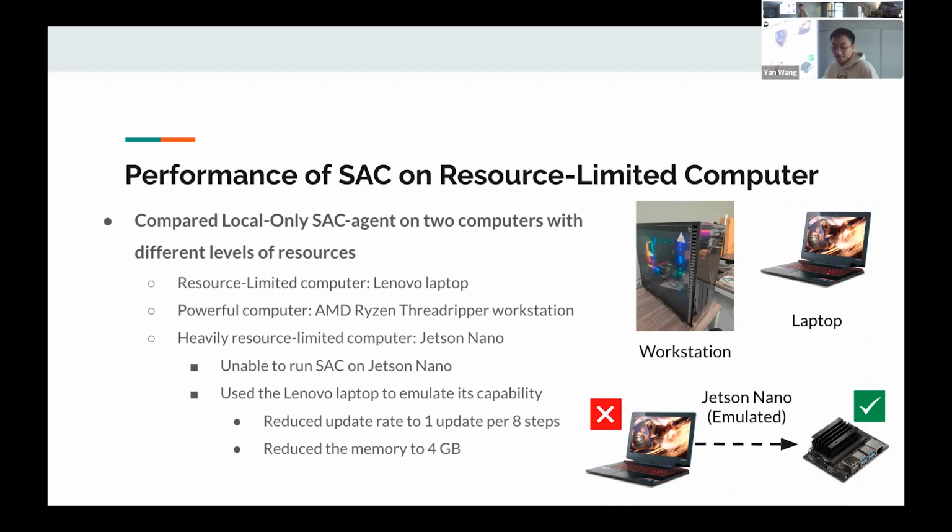To overcome this limitation and get some empirical upper bounds of its performance, we used the laptop to emulate the capability of the Jetson Nano. We reduced the update rate to 1 update per 8 steps and reduced the memory to 4 GB.